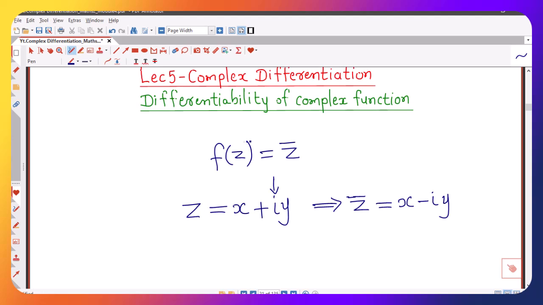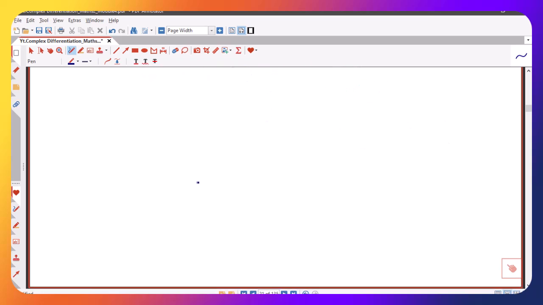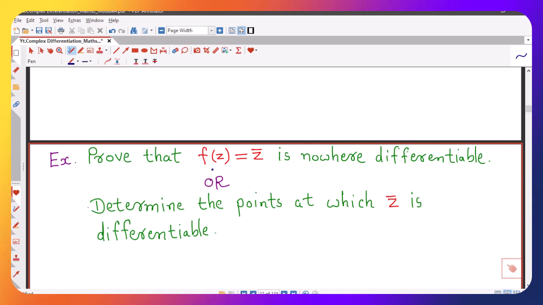So we are going to determine the points in the complex plane at which this function is differentiable. We are going to prove that this function z bar is nowhere differentiable, or it is not differentiable at any point in the complex plane. They can ask the same question in different ways.